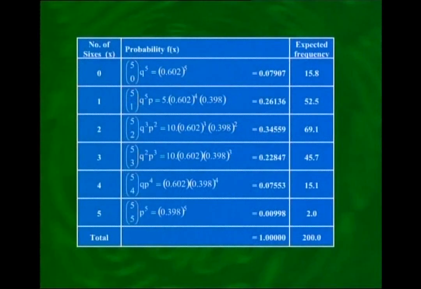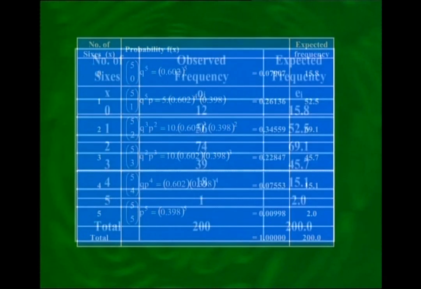So, as you now see on the screen, the probabilities are 0.07907, 0.26136, and so on, and the expected frequencies come out to be 15.8, 52.5, 69.1, and so on.